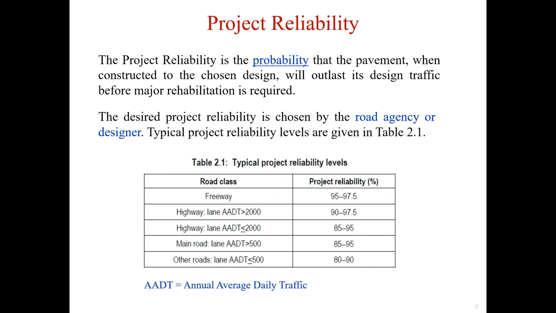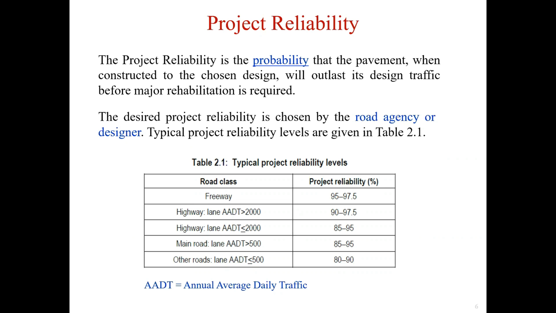An integral part of the pavement design process is an assessment of how well the constructed pavement will perform. Because of uncertainty, there are variations in the thickness, and the qualities of materials can vary from day to day.